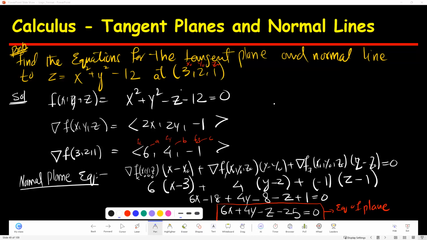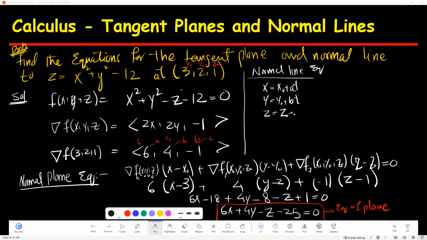Let's move on to do my normal. X equals x naught plus at, y equals y naught plus bt, z equals z naught plus ct.